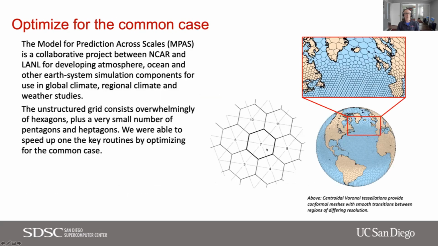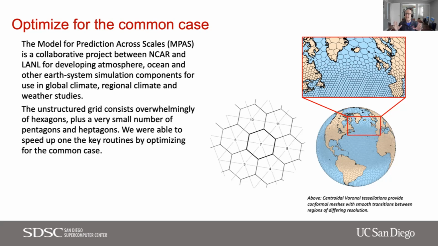And then I have something that I call optimizing for the common case, and this is getting a little bit more complicated, but we got a big payoff from this. This was from a collaboration I did with NCAR, the National Center for Atmospheric Research. They had a new global climate code called MPAS, Model for Prediction Across Scales, a collaboration between NCAR and Los Alamos National Lab that simulates atmosphere, ocean, and other systems all coupled together.